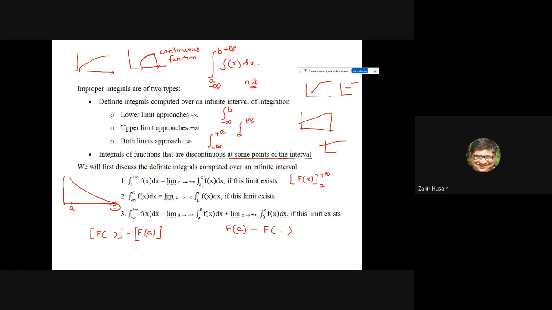This is infinite. This is plus infinity. This is minus infinity. But if you have a limit, then you might as well put it like this.